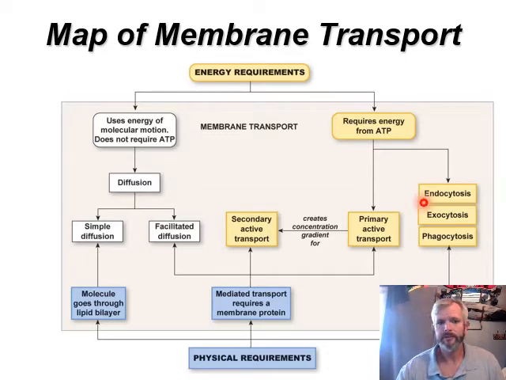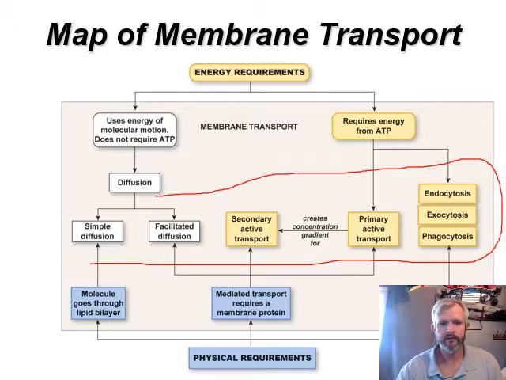This is the direction we're heading in, and we're going to describe all of these components and what is required to allow transport across the cellular membrane, across that lipid bilayer.